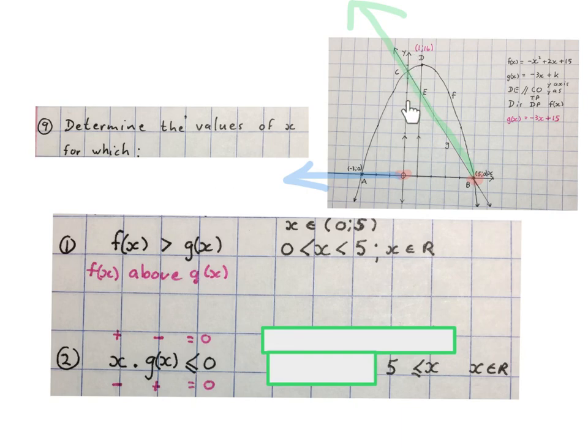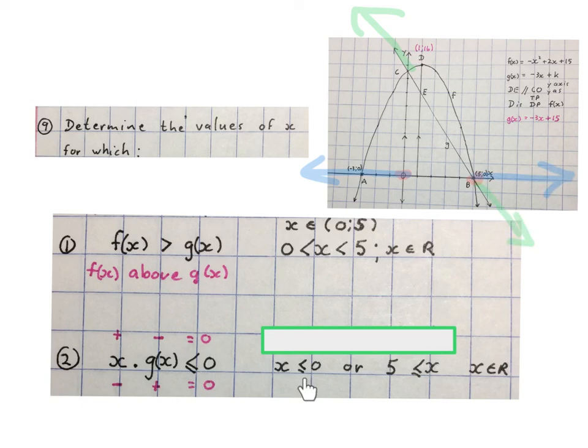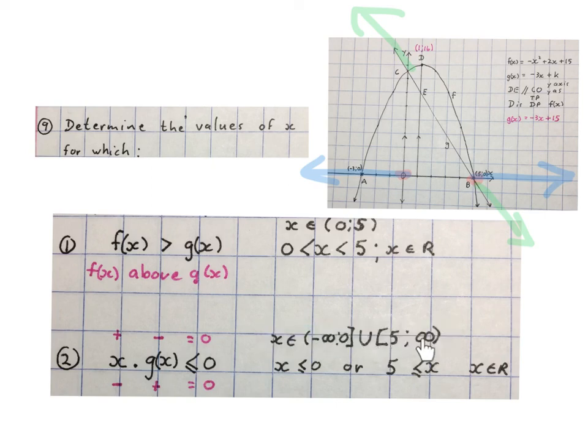If you go up here, you'll see from 0 towards the left, the x's are negative while the g graph is positive. So my final answer is x is smaller than or equal to 0 or x is bigger than or equal to 5, x element of real numbers. You can also write it in interval notation like this, one of the two methods, the one that suits you.